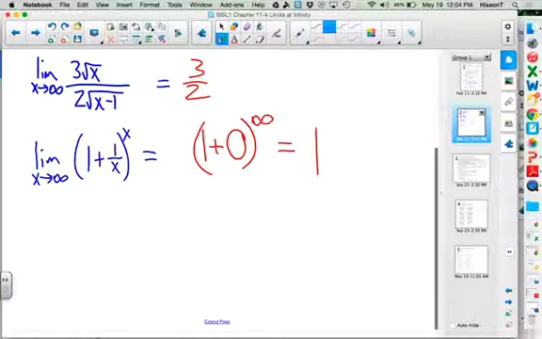But, because this is approaching 0, the inside of the parentheses is approaching 1, and like Hugh said, 1 to the 100th power, 1 to the 1,000th power, 1 to the 1,000,000th power, 1 to any power just equals 1. Okay? So, very good.